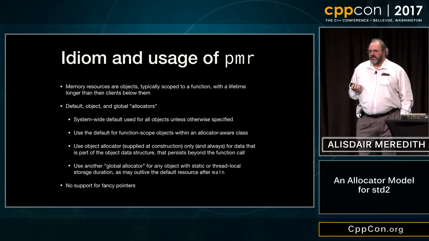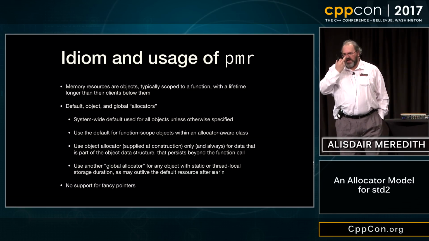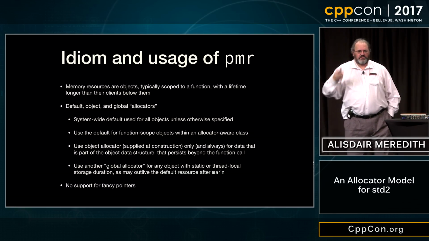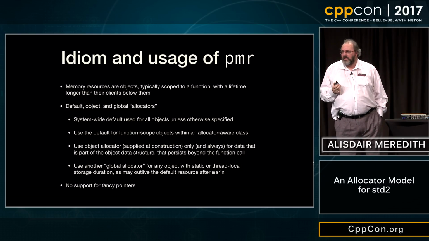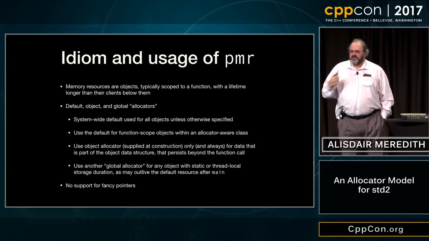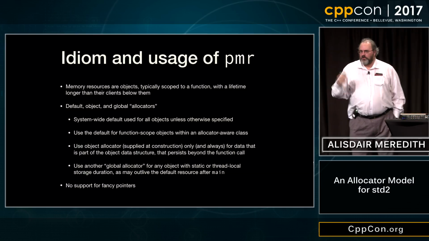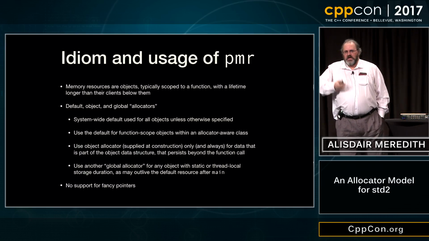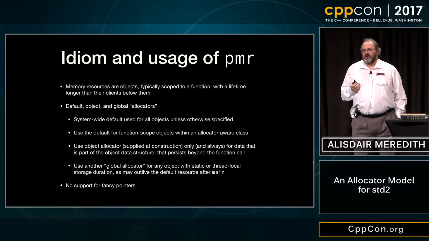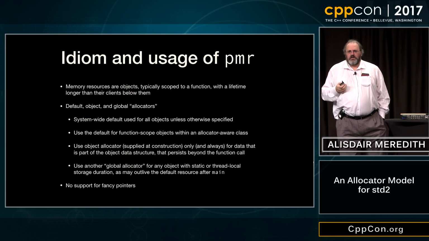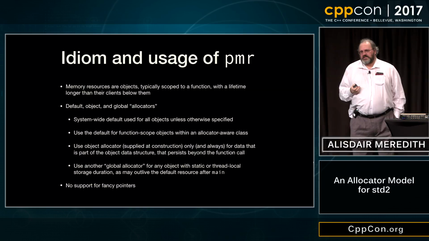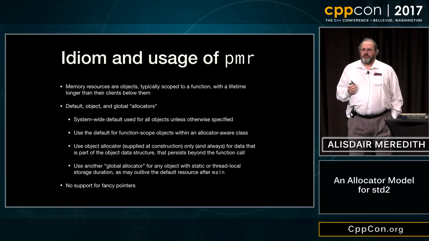And final notion is we have something we call the global allocator. This is not part of the standard PMR process, but the notion is still good. If I have an object of static storage duration, or thread local storage duration, its destructor might happen after main has concluded. And if I've installed a system-wide default allocator, that's probably been installed somewhere in main.